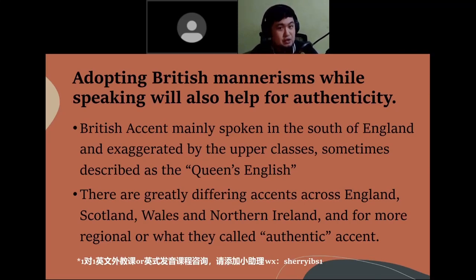Upper class, the Queen, Prince Charles, Princess Diana, posh, sometimes described as the Queen's English. There are greatly differing accents across England, Scotland, Wales, and Northern Ireland, and for more regional or what they call authentic accents.